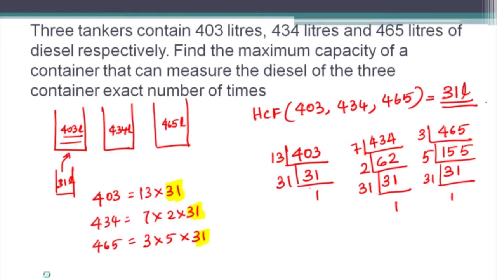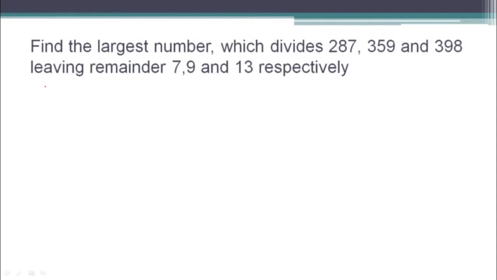I hope it's clear. Find the largest number which divides 287, 359 and 398, leaving a remainder of 7, 9 and 13 respectively. So here I have a number. If I divide 287 by that number, I am getting a remainder 7.